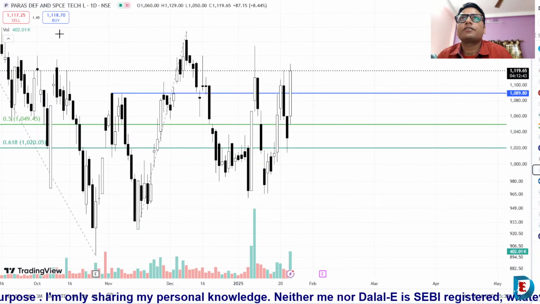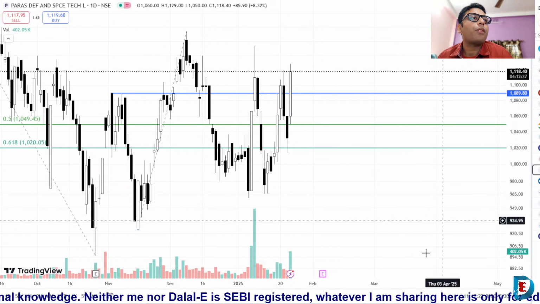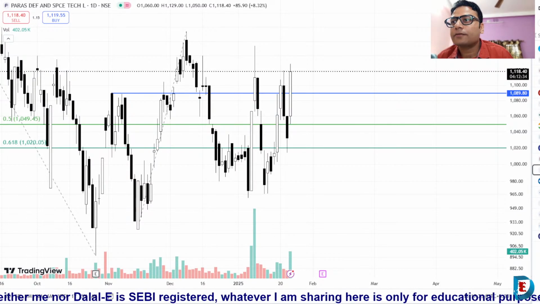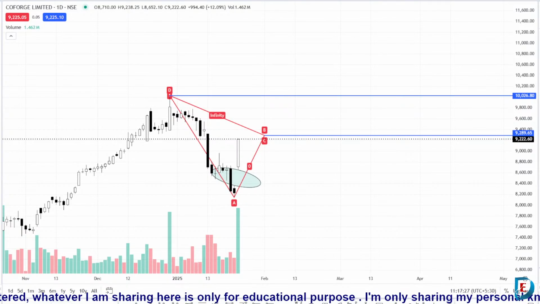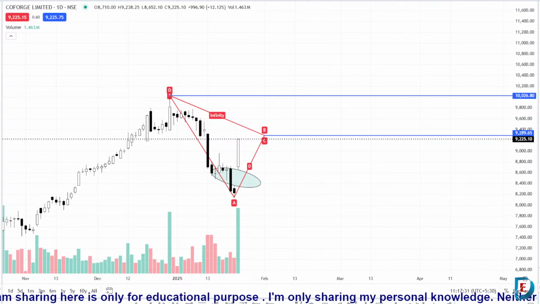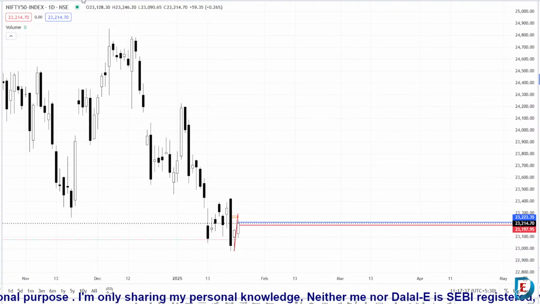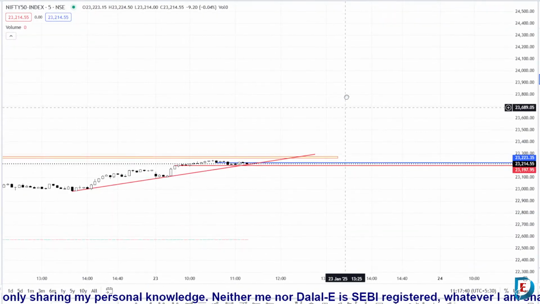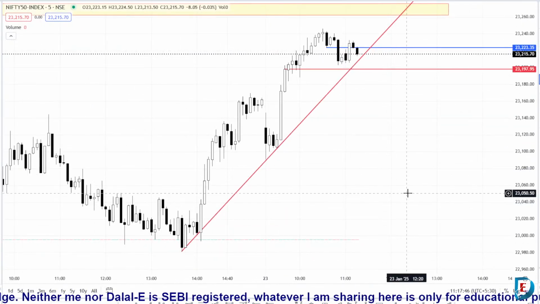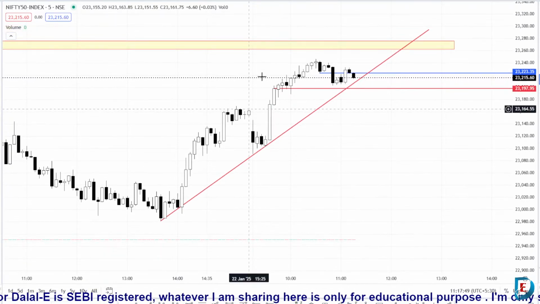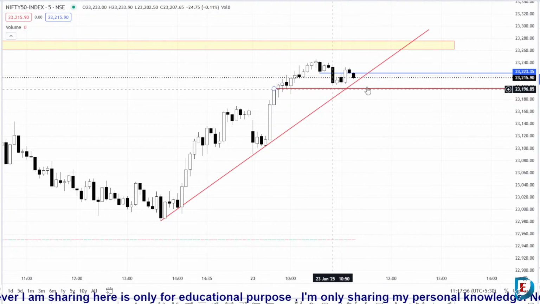Now let's get back to Nifty 50. Let's see what is happening there. Price is trying to maintain this level. Clearly, price is trying to maintain this zone.